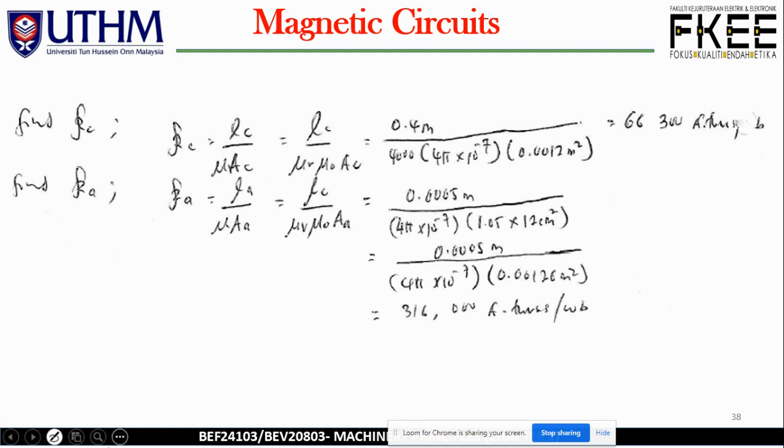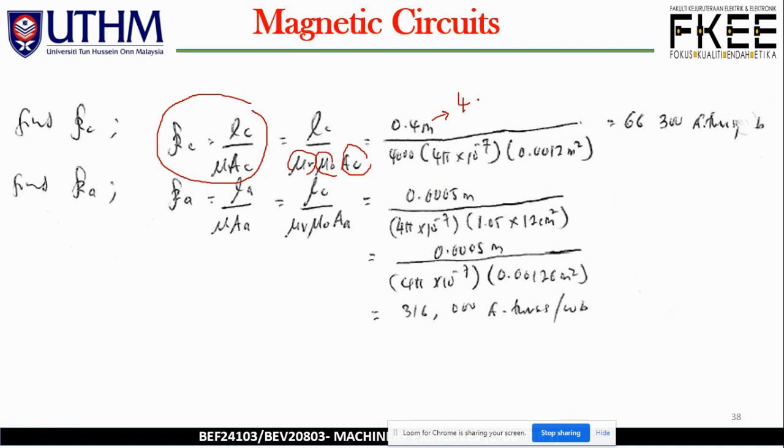Using this formula, RC, or R, equals L over mu A. Expanding the equation, we have LC over mu R mu naught AC. So we have 0.4, from the question. Remember, you need to convert into meters.